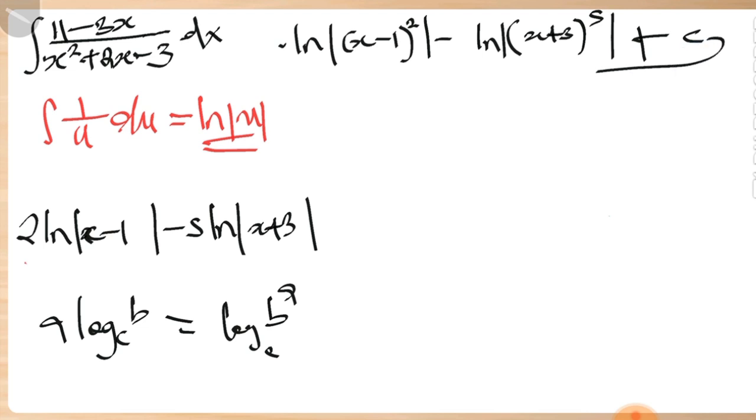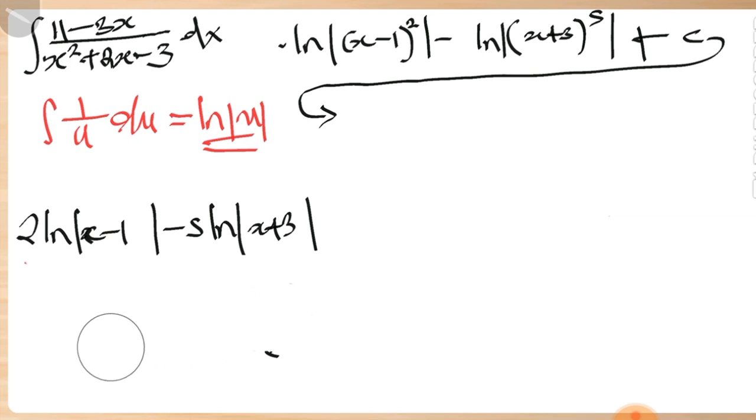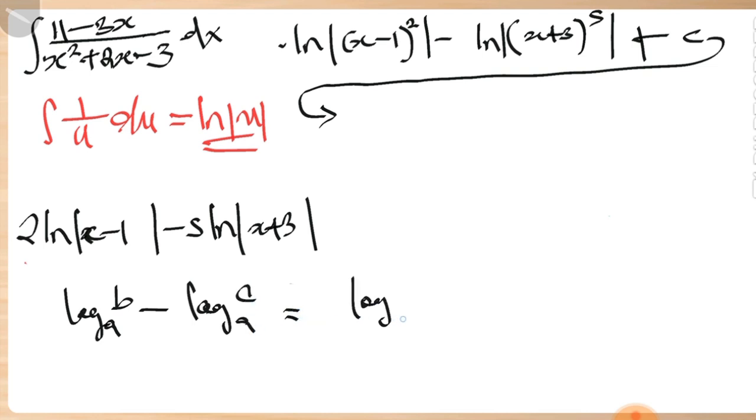Of course, from the logarithmic property, if you have the logarithm of b base a minus the logarithm of c base a, since they have the same base, it is the same as the logarithm base a of b divided by c. So we do the same here.